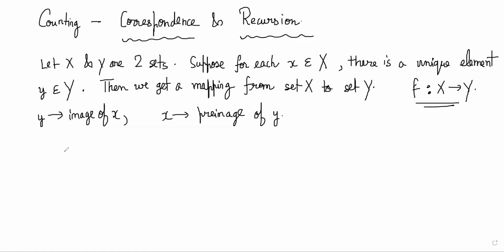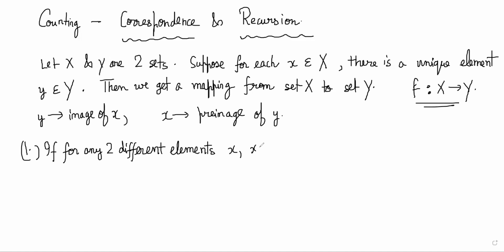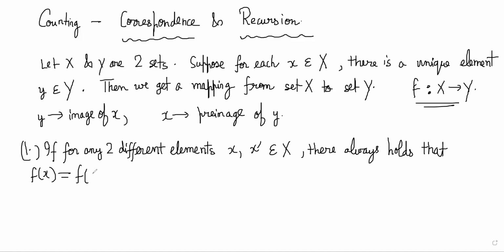Now, if for any two different elements, small x and small x dash belonging to capital X, there always holds that f of x is never equal to f of x dash. So basically, what are we saying here?